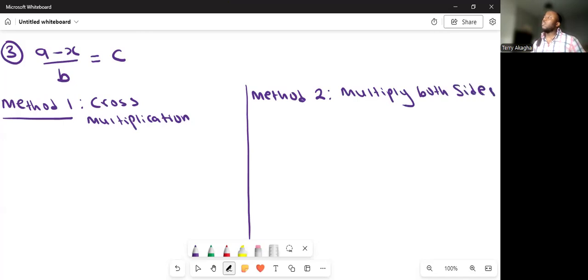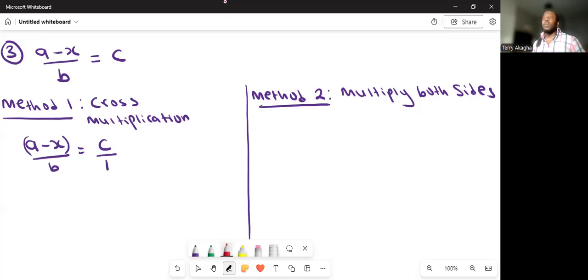So any method you're very comfortable with, please feel free to keep on using that. So cross multiply, so we have a minus x divided by b is equal to c divided by 1. So remember I told you there's an invisible 1 there. So that means you now have this in a bracket to make it a single unit.